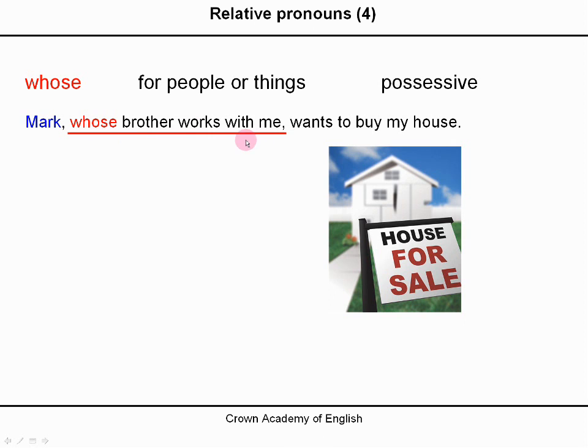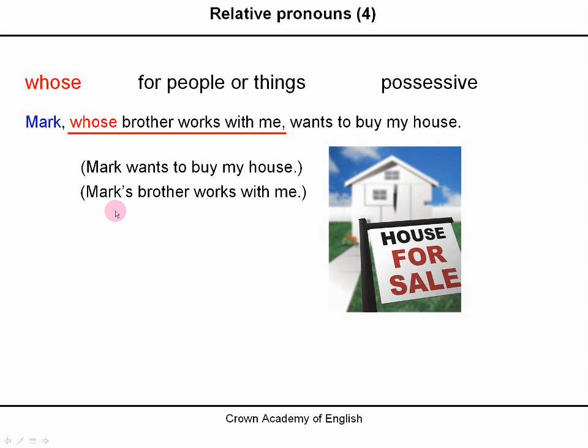So what does this mean? Well, the whole sentence means, well, there are two things. First of all, Mark wants to buy my house. Okay, so it is Mark who wants to buy my house. And Mark's brother works with me. Okay, so it is the brother of Mark works with me.